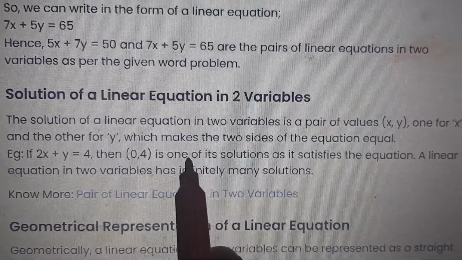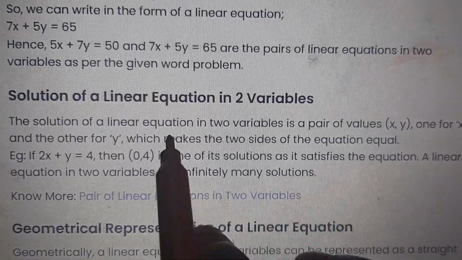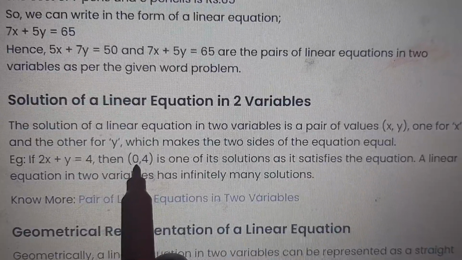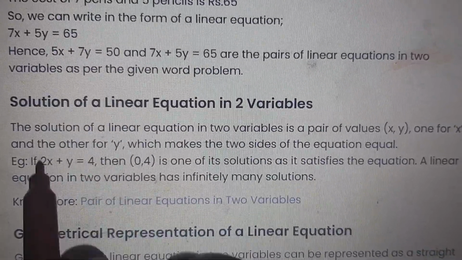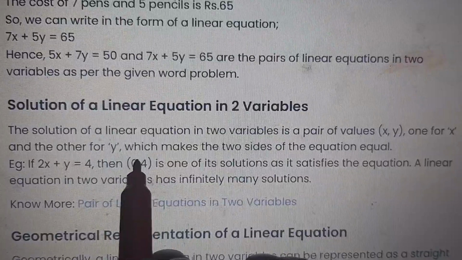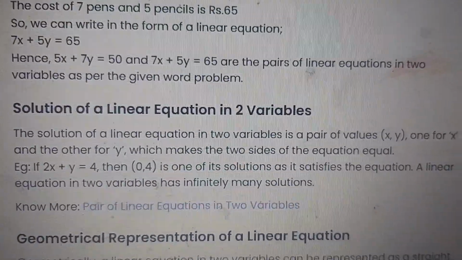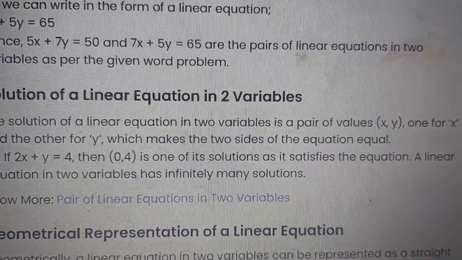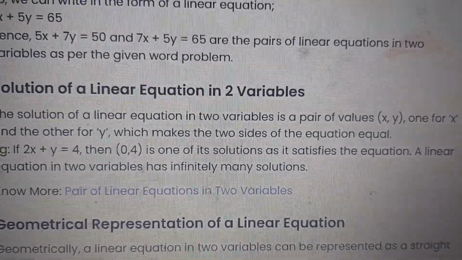We have one of its solutions, as it satisfies the equation: 0 comma 4 is the point which lies on this equation. So 0 and 4 are the values of x and y. A linear equation in two variables has infinitely many solutions.